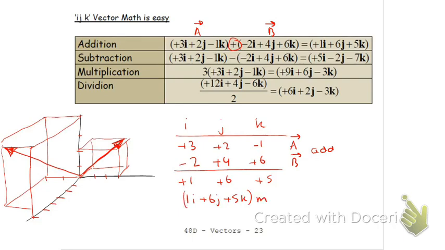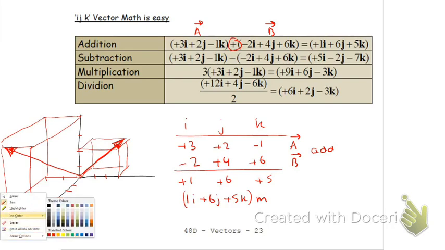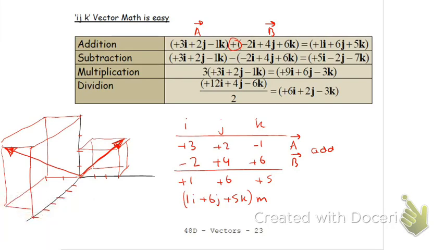We just did a three-dimensional problem, and we found that our answer was 1i, 6j, and 5k.